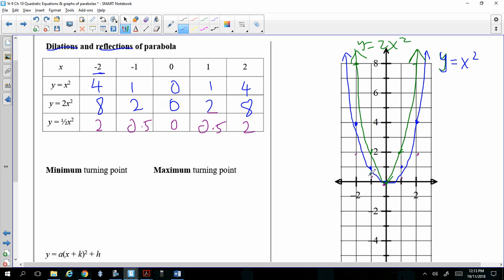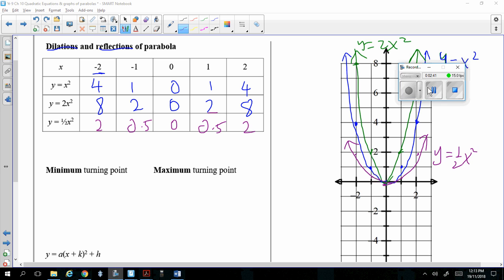Right, so join the dots, so you get this wider parabola. y equals half x squared. You halve the 4, so you get 2, halve the 1 you get 0.5. Yeah? So if you square the 1 and halve it, you get 0.5.